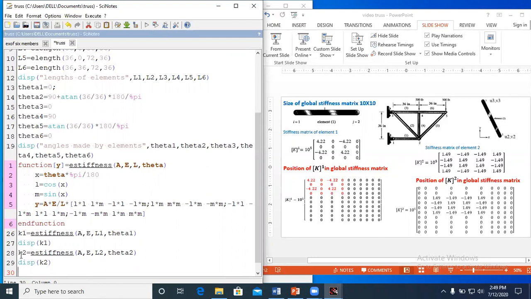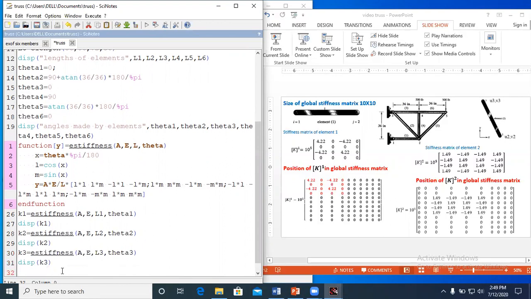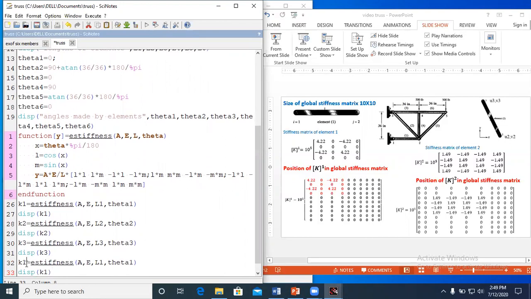Now I will copy again. It is element number 3. It requires L3 and theta 3. This one is K3. Next, I am not going to execute this program. I will execute at the end. Now this is K4, theta 4, and this is your K4.